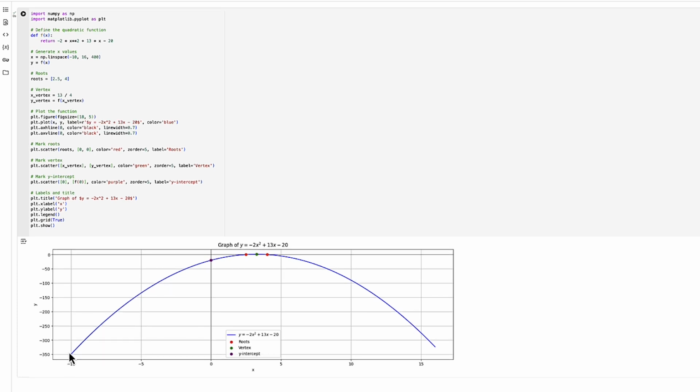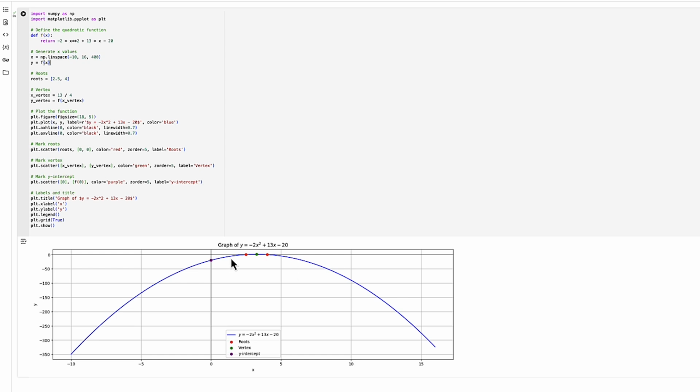Of course, when we draw this, we wouldn't have so many data points. And you can see over here that it's plotting the function, it's marking some roots apparently, the vertices, and the labels and stuff. But the idea here is that it's giving you an idea.